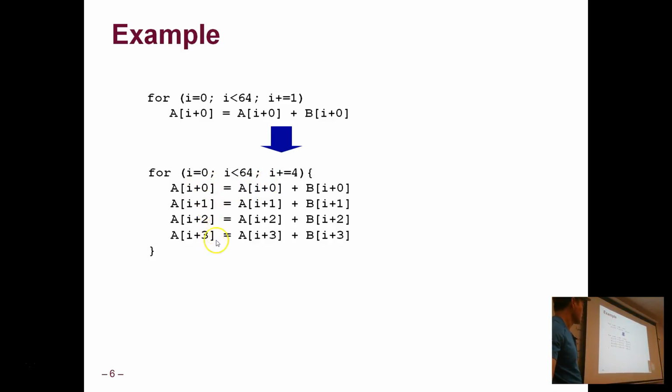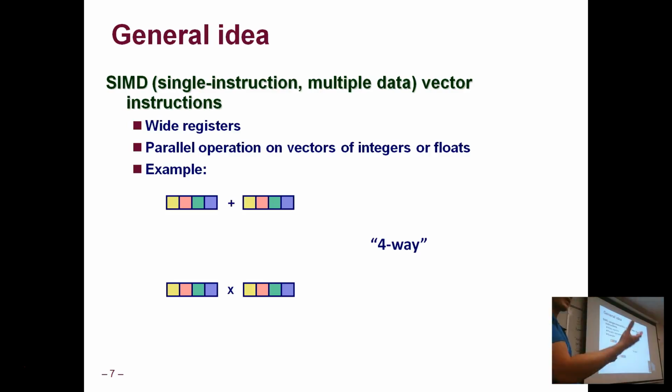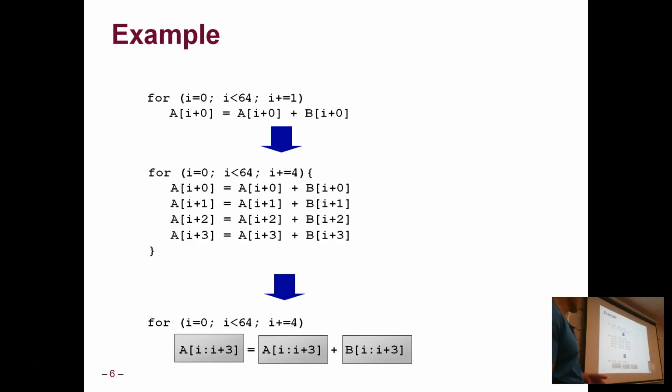What you would want to do to vectorize this is something that looks like this, where instead of these instructions being serial, you want the vector A of i to i plus 3 to be set equal to that plus B of i to i plus 3. This is the idea of SIMD execution, and it goes hand in hand with loop unrolling, right? If you could have unrolled this 4 ways, then you have this 4-wide vector that you're doing the operation on instead. That's the idea.